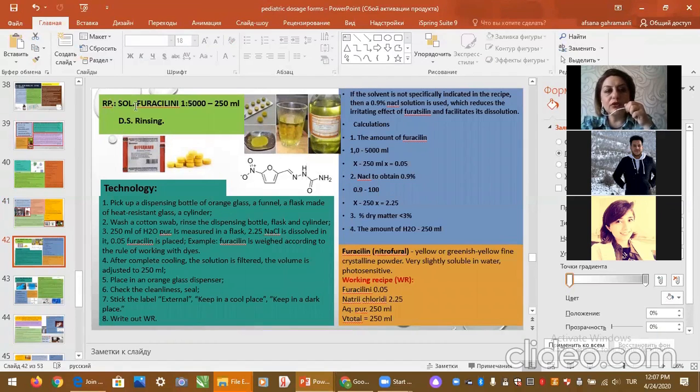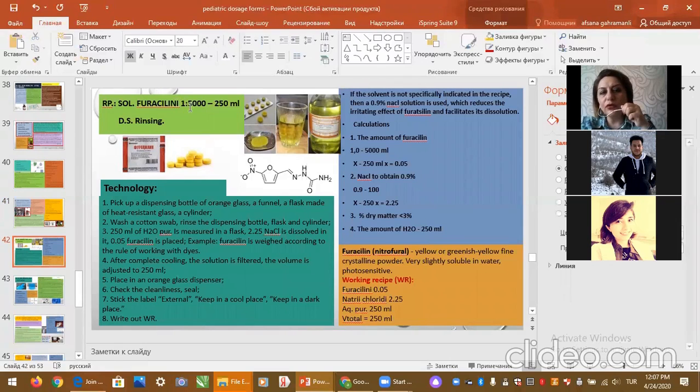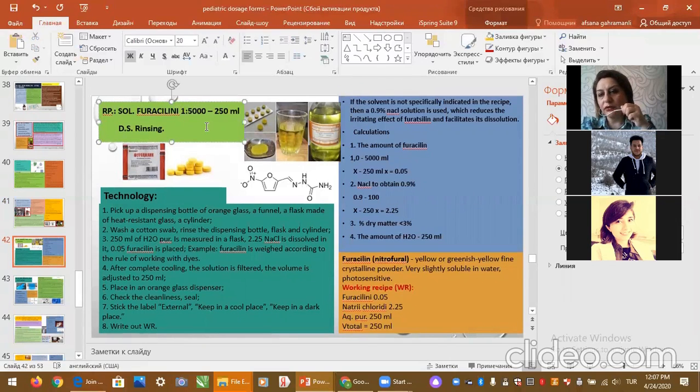Our prescription: solution of furacelinum 1 to 5,000, 250 ml. Who can say what means 1 to 5,000? Paria, can you say me what means 1 to 5,000?